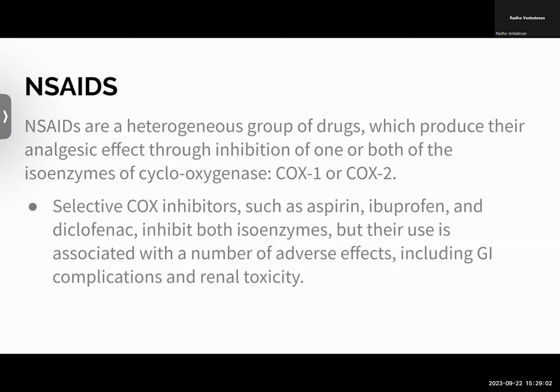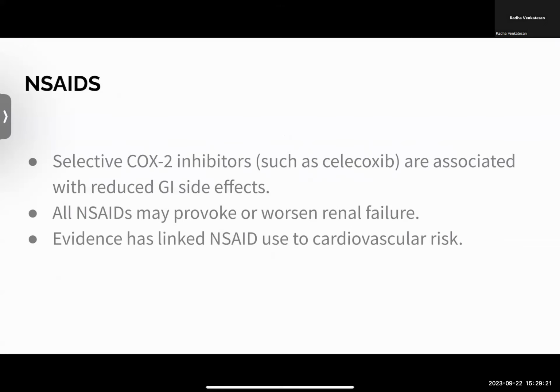Renal toxicity is there for both; they are not free of it. In the coming slides you will see that we still use them, but we have to be very clear how, when and what. Selective COX-2 inhibitors such as celecoxib are associated with reduced GI side effects.